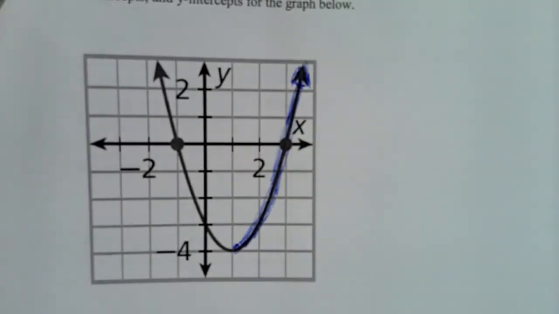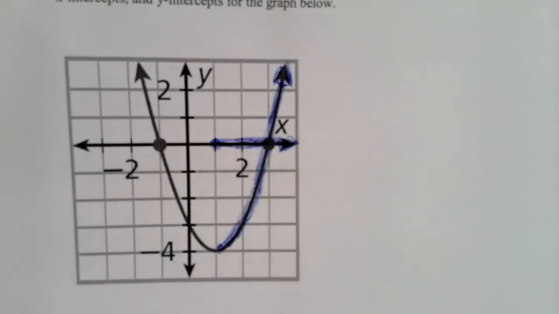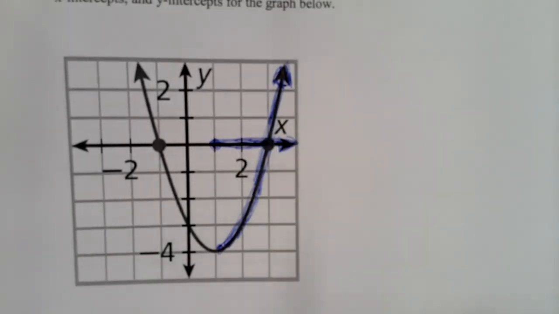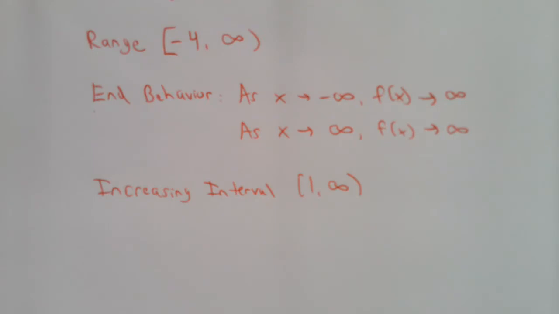That's where the graph is increasing. So let me color in those x values for that. The x values that it's increasing, I colored in from 1 to infinity. Just like that, 1 to infinity.